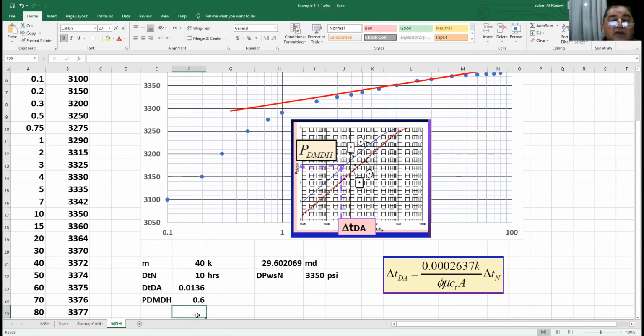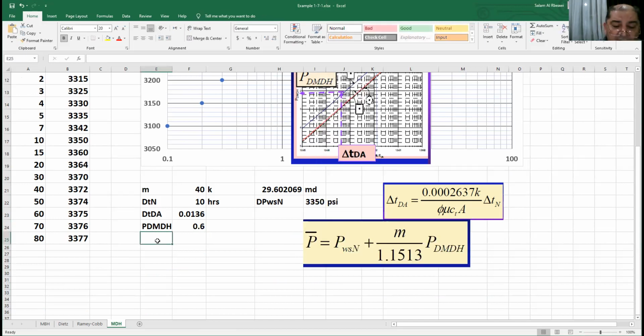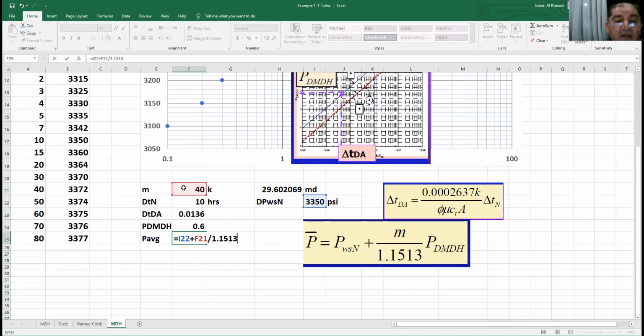See? Now when we have this one, we can go to the model. I'm going to bring the model in front of you again and get the average pressure. This is the value for average pressure. So p average is P_ws at delta tn, this one, plus the slope divided by 1.1513 times p_D MDH.